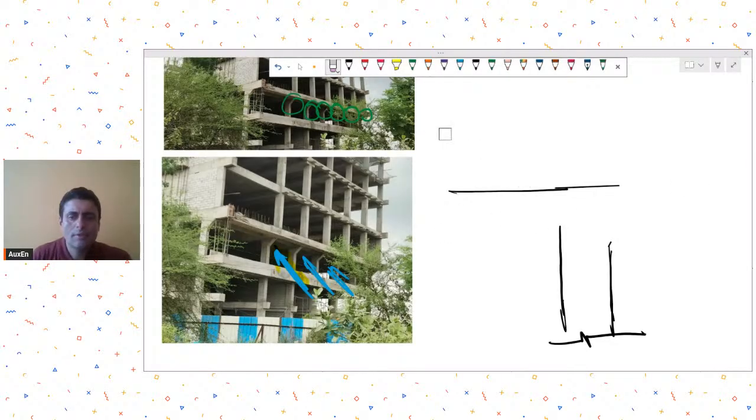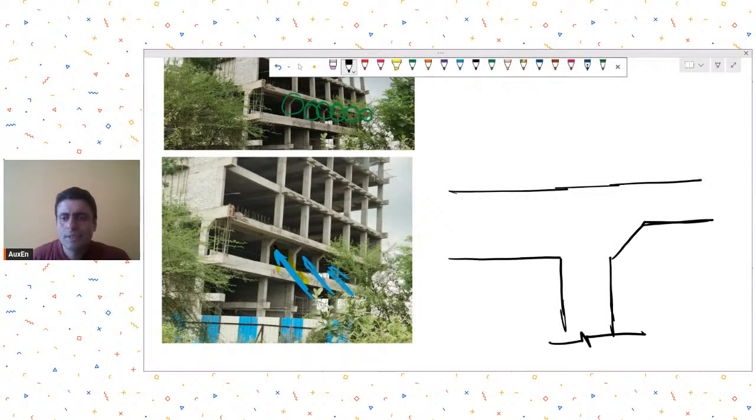Let me just draw it. Something like this, and then this cantilever rests, and then you have a column that starts from here, the column at the top, maybe right from the edge.